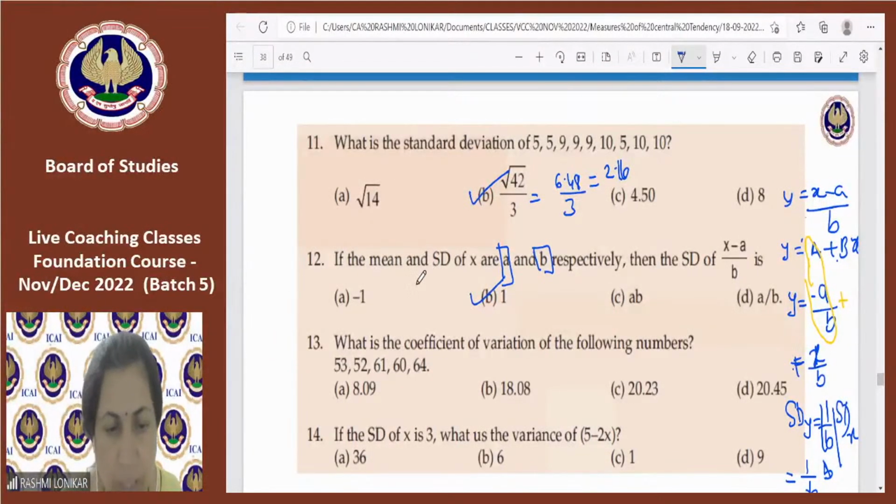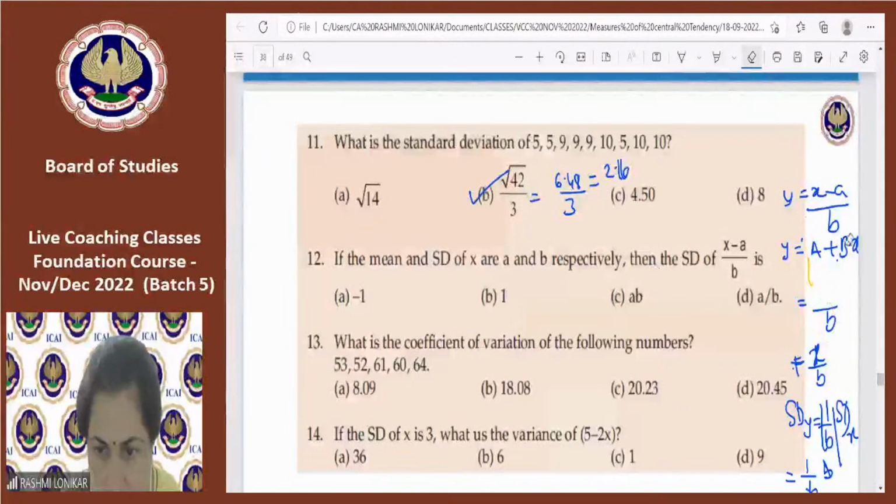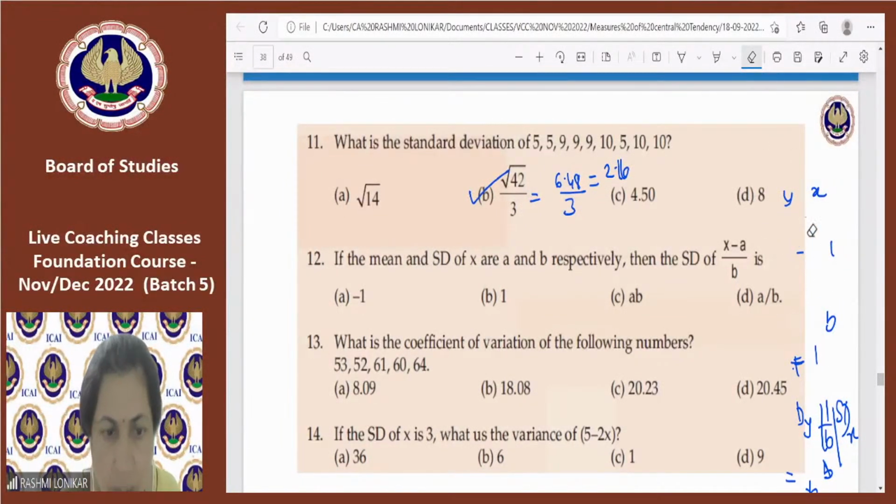Okay, if the mean and standard deviation of x are a and b. Let me explain here. What does it mean?